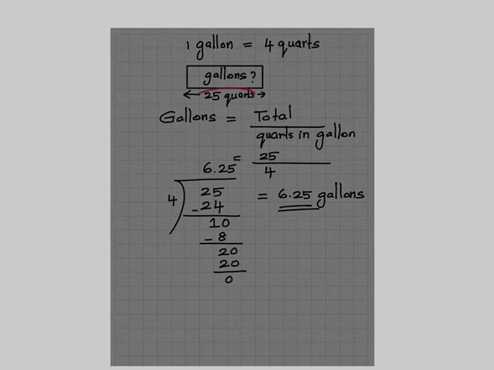We know the total as 25 and quarts in gallons is 4. So 25 divided by 4. When we divide 25 by 4, we get the answer 6.25. So quarts is converted to gallons.